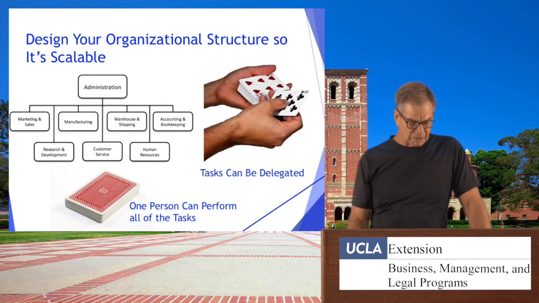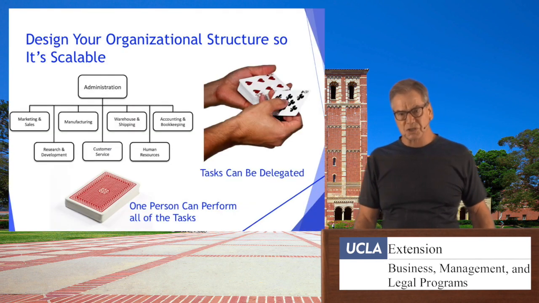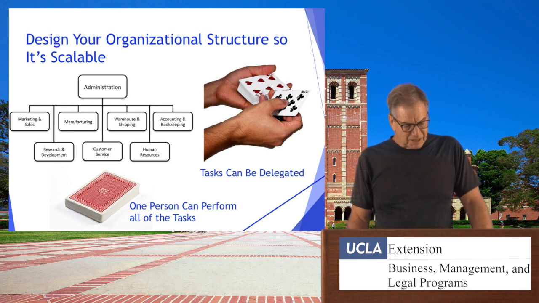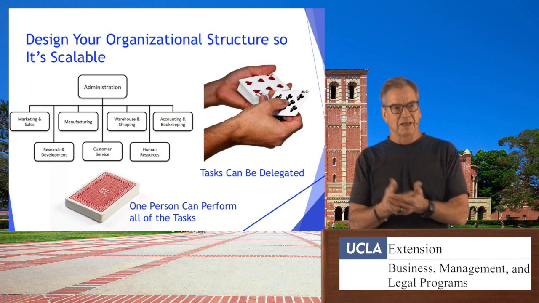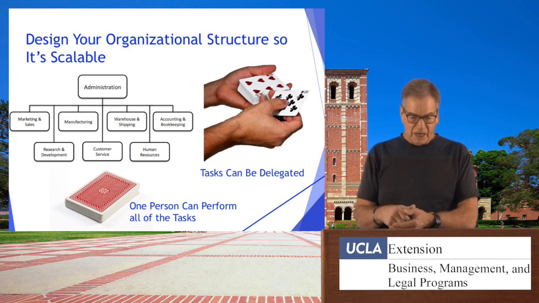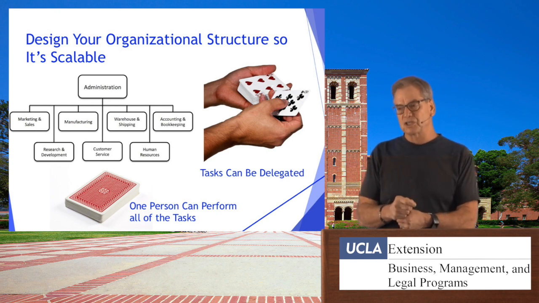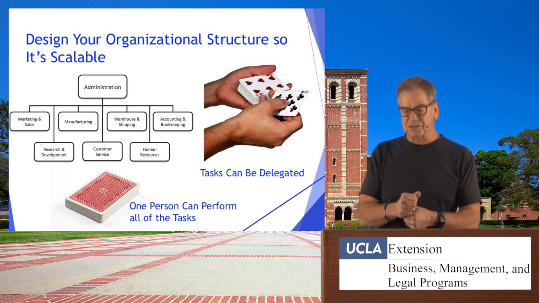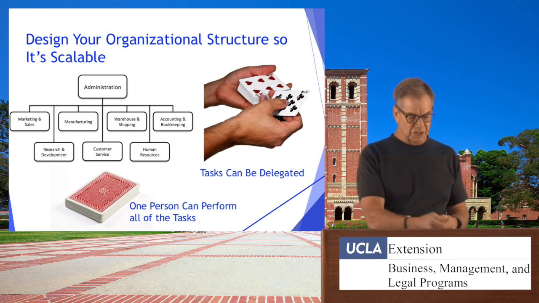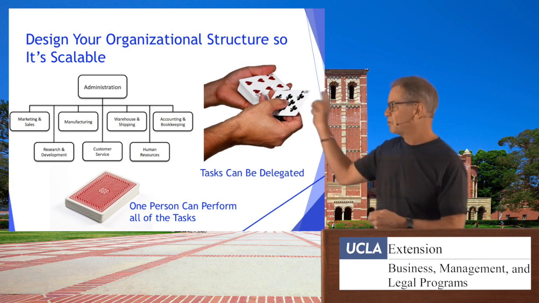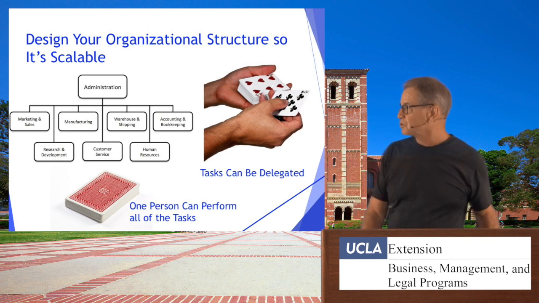Here's another concept that might be helpful for you as you design your organization, and that's to take an org structure and compare it to having a deck of cards, and that deck of cards represents all the many tasks that go on within your organization. So you could divide these cards up and put so many cards in each one of your organizational structure boxes.